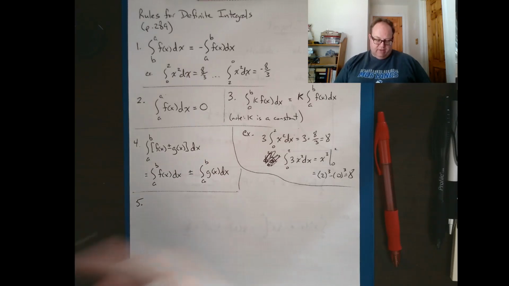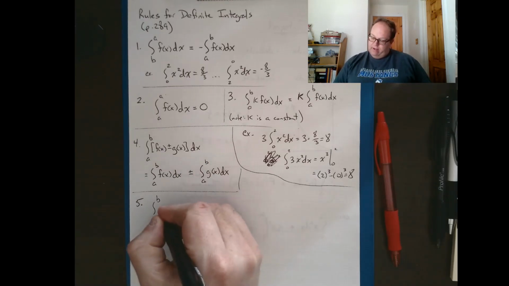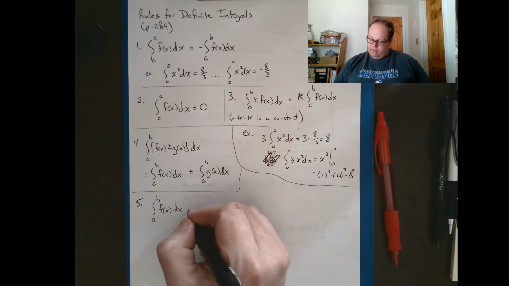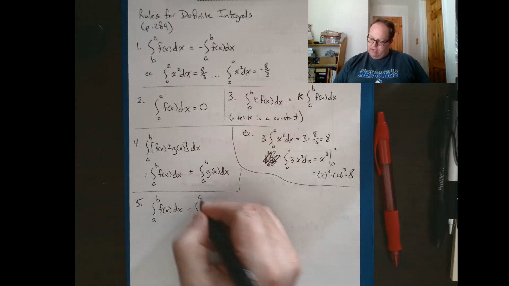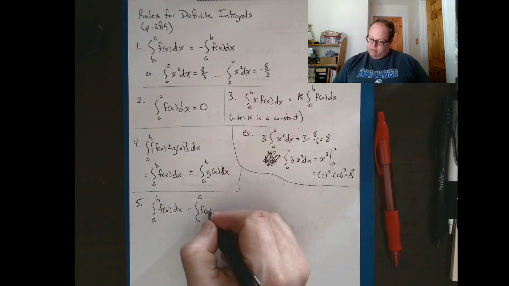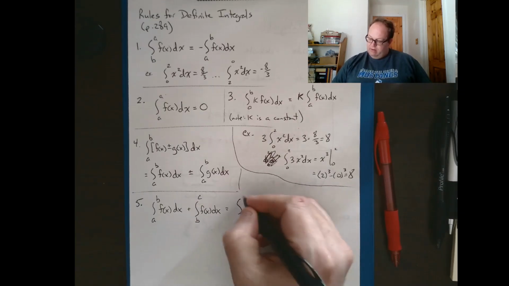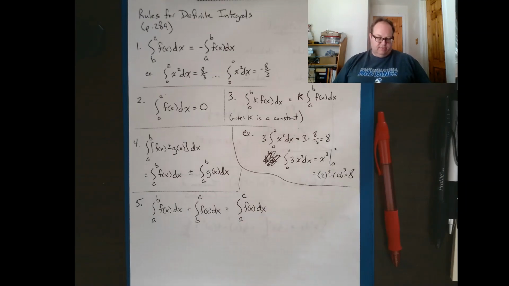5, additivity. So if I figure out the area between a and b under f of x, and then I add to that the area between b and c under f of x, shouldn't that be the same then as the area between a and c of f of x dx?